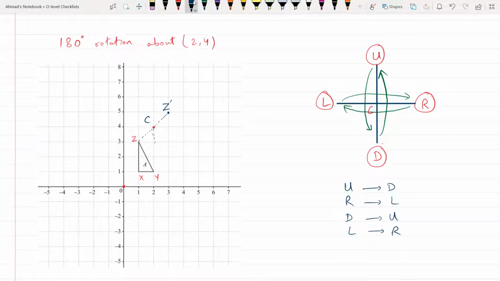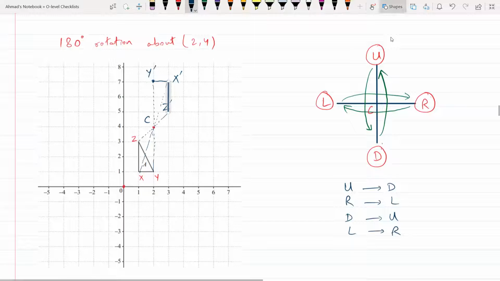इस तरह Y देखें, Y is 3 units here, तो 180 degrees rotation के बाद कहाँ चला जाएगा, 3 units up, that's going to be your Y bar. इस तरह X का आप देख लें किस तरह आ रही है, रूलर के ऊपर आप रखेंगे, it's like this. इसी लाइन को आप एक्सटेंड कर दो उतना ही डिस्टेंस ऊपर वाली साइड पे, that's going to be your point X bar, and that's your 180 degrees rotation. आपने बस रूलर रखना है, सेंटर से एक साइड पे उस पॉइंट का जितना डिस्टेंस आ रहा है उतना ही डिस्टेंस आपने एक्सटेंड कर देना है दूसरी साइड के ऊपर, and that will be your rotated figure by 180 degrees.